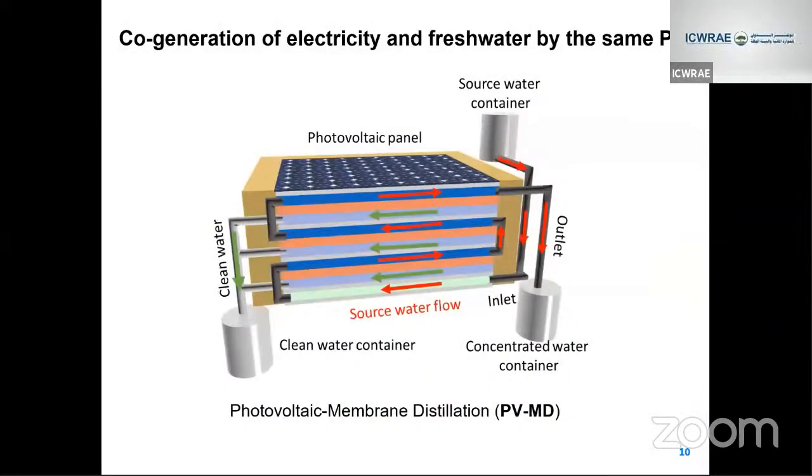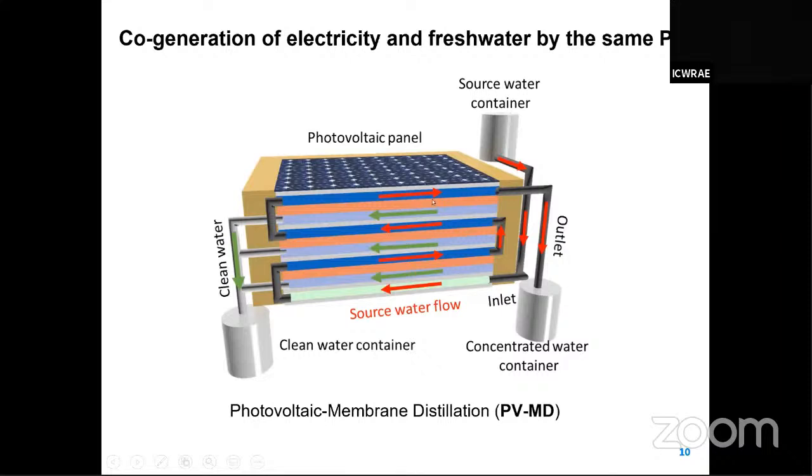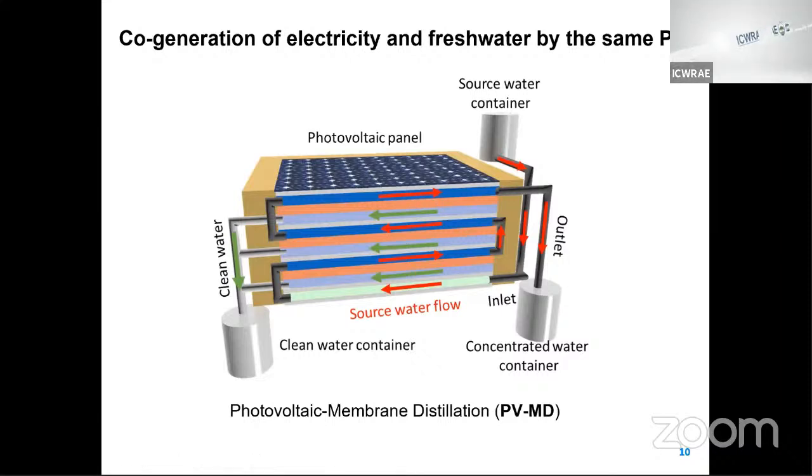In one of our projects, we found a purpose for the PV waste heat. As you can see in this sketch here, in our design, we creatively use the waste heat of the PV panel to drive multi-stage membrane distillation for seawater desalination.